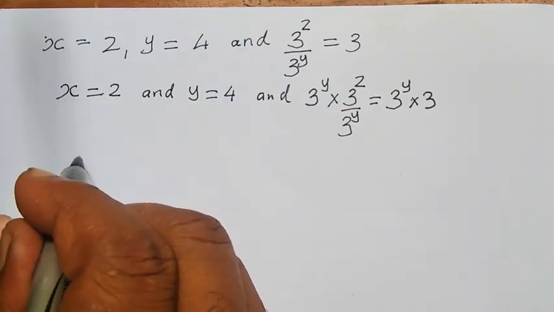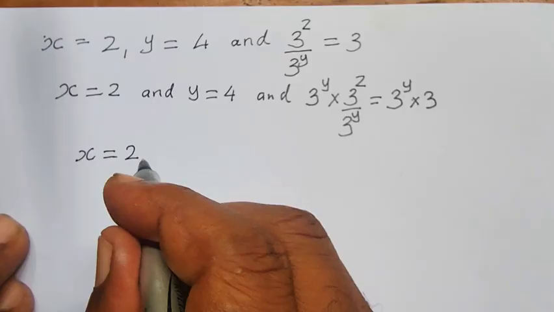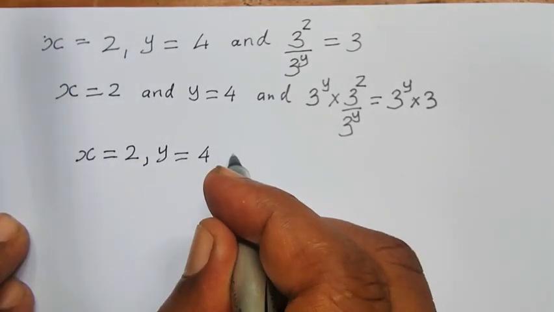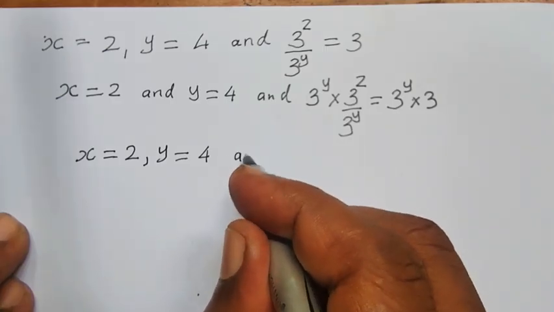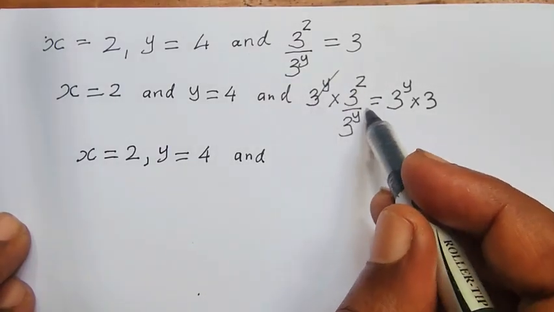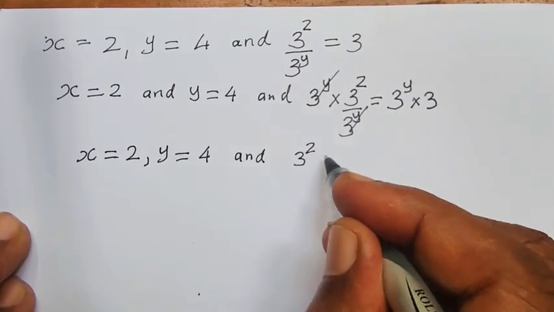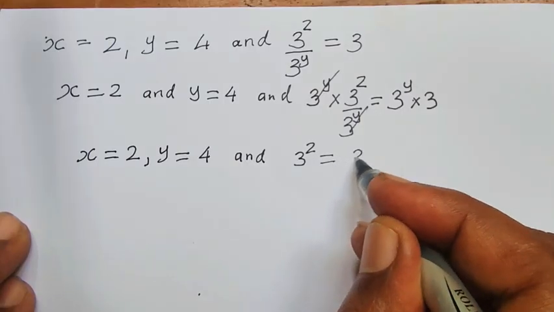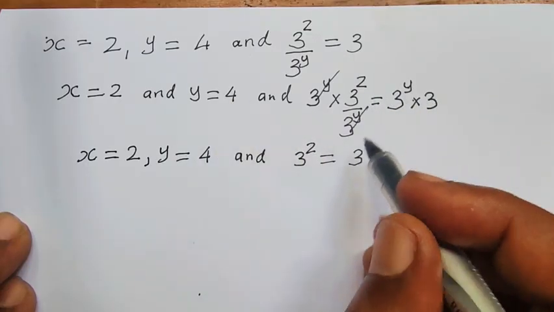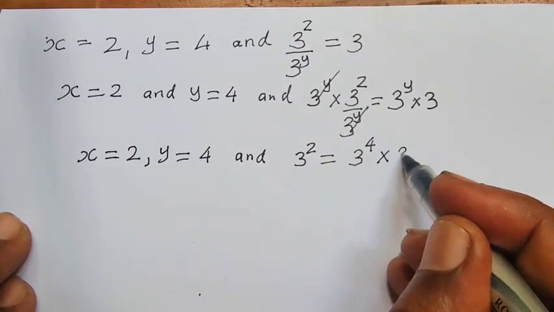So we have x equals 2, y equals 4, and here this one cancels this one, we remain with 3 raised to power z equals 3 raised to power y, but the value of y here is 4, so we have 3 raised to 4 times 3.